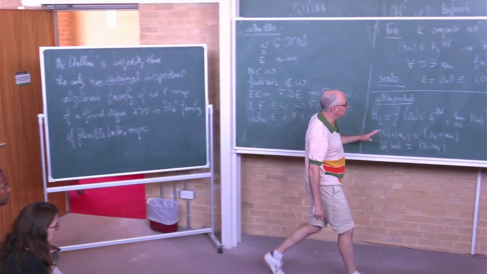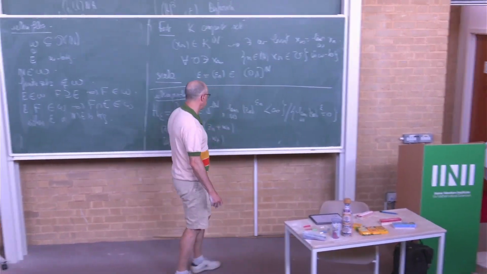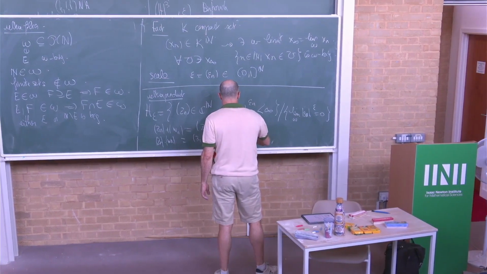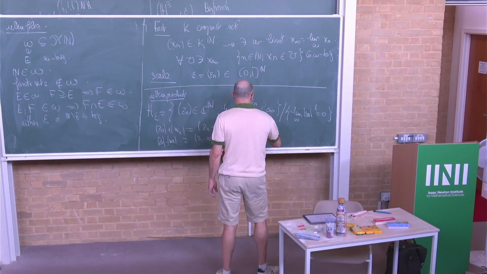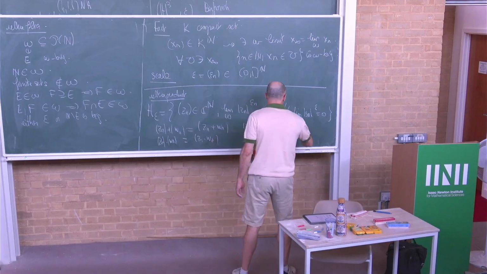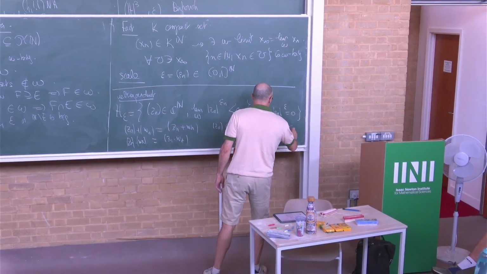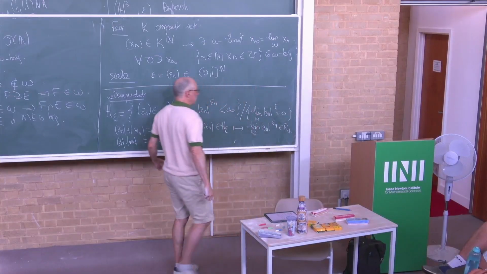It's actually a field because you quotient out by the kernel here. And then you also have a natural function, which to a point, which is a sequence, you attach this limit. And this defines a norm.